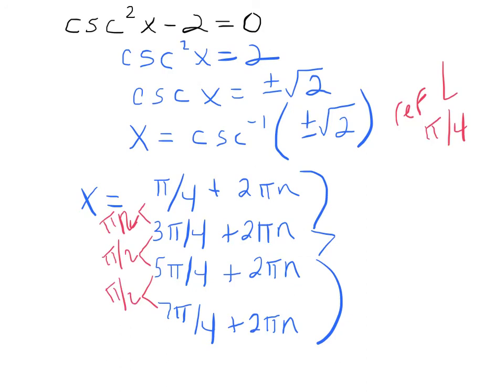And if I add 2/4 to 7/4, that puts me at 9/4, which would take me right back to the pi over 4 spot. So I could condense this down, and instead of doing all 4 of them and adding 2 pi, I could go with pi over 4 plus pi over 2 n.